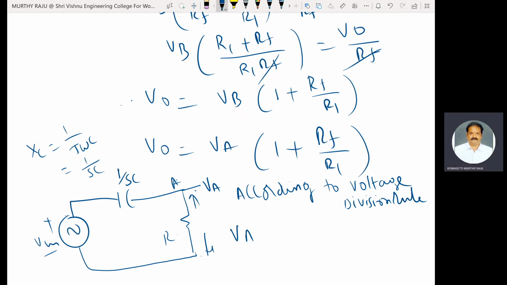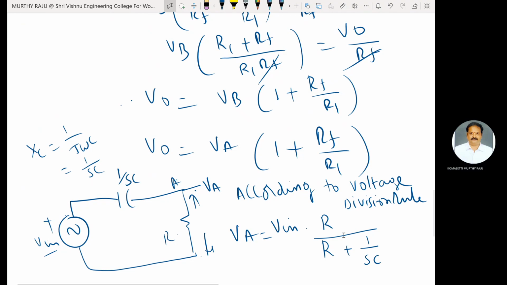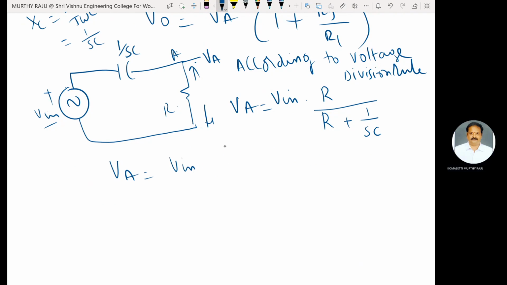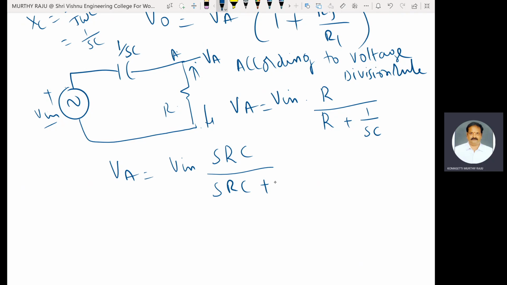VA is equal to the total voltage applied to the circuit, Vin, into the resistance R by the sum of these two, R plus 1 by SC. Therefore VA is equal to Vin into SRC by SRC plus 1, where S is equal to j omega.